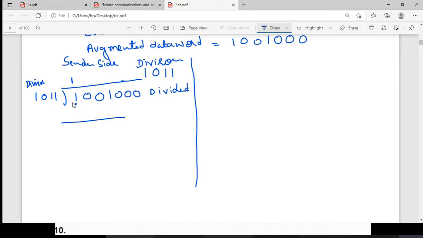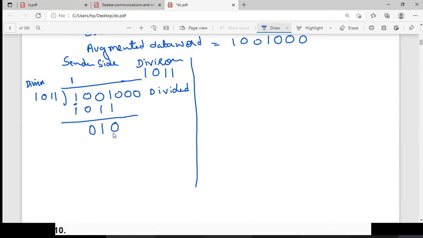In that, the leftmost bit is 1, so I go for quotient 1 into this divisor. You get the divisor as itself, and write the divisor value here. After that you apply the XOR operation: 1 XOR 1 is 0, 0 XOR 1 is 1, and 0 XOR 0 is 0. So this is the first step.